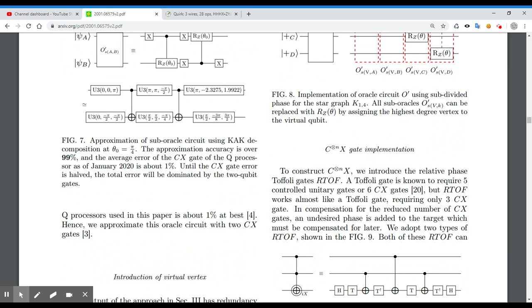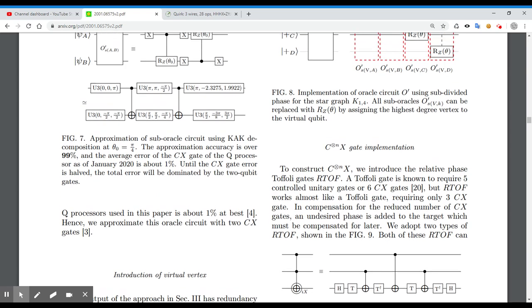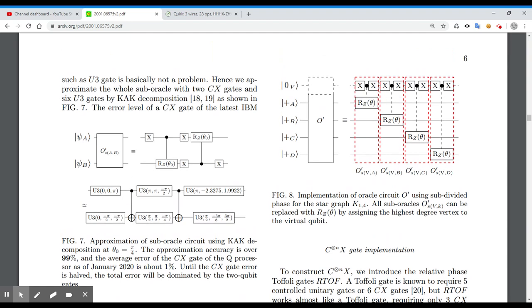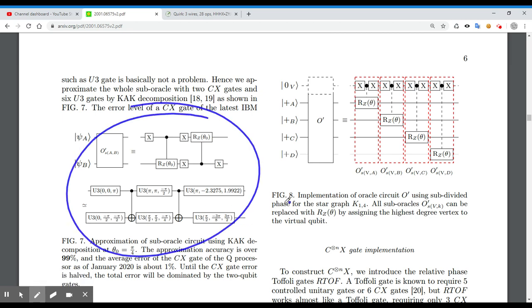Hence we approximate this oracle circuit with two control X gates. So now it's time to take a look at these a bit more in depth. This is, I guess, the ideal, and that's how they approximate it.